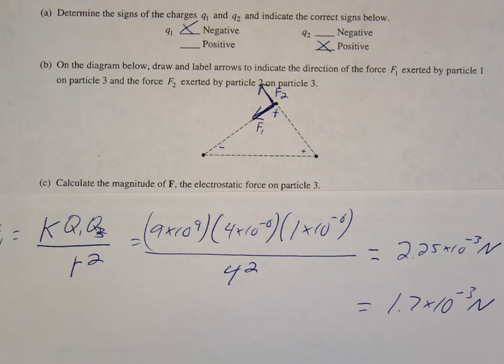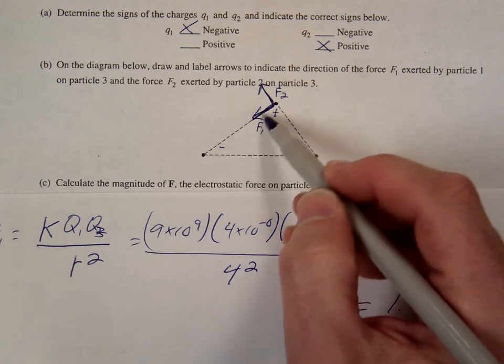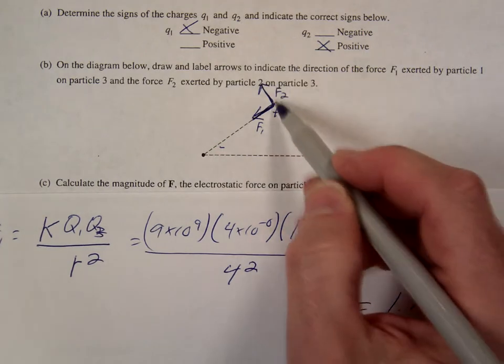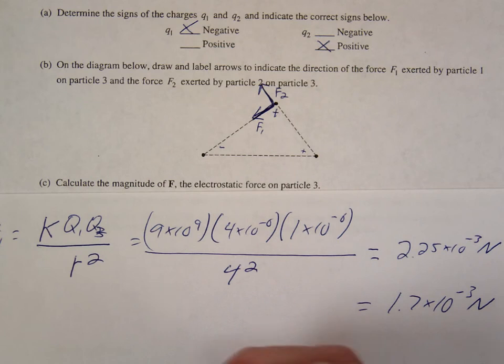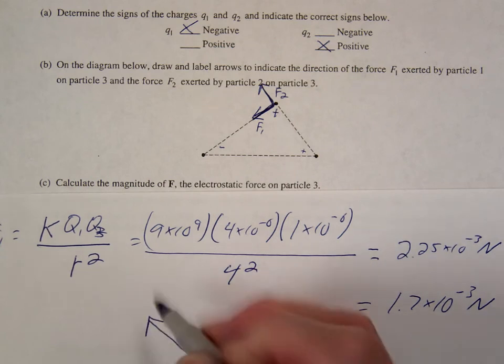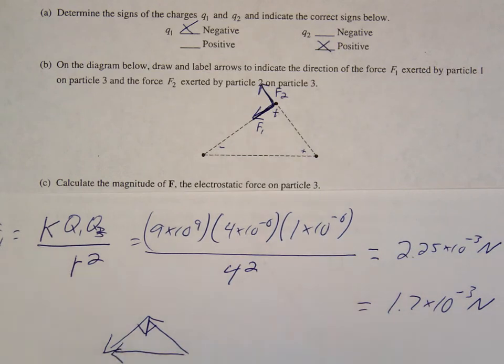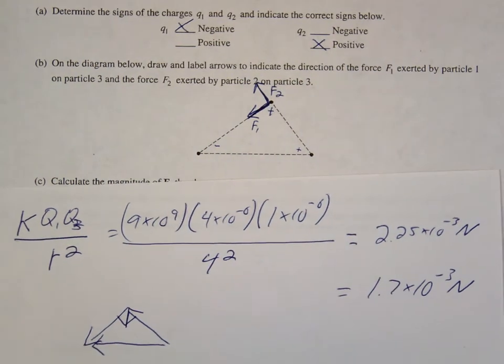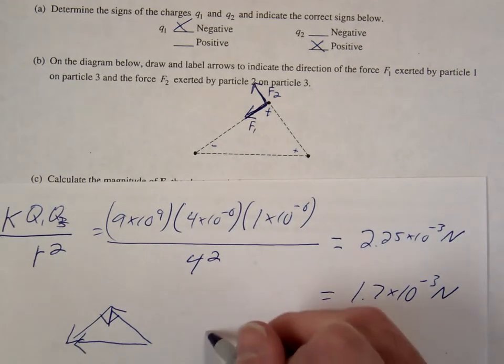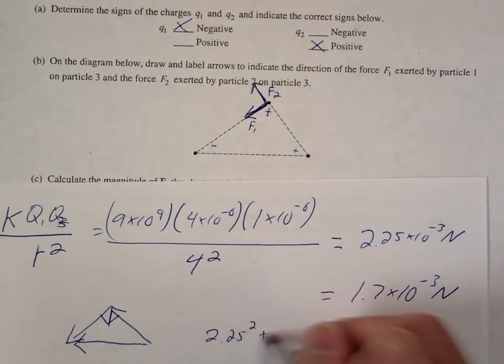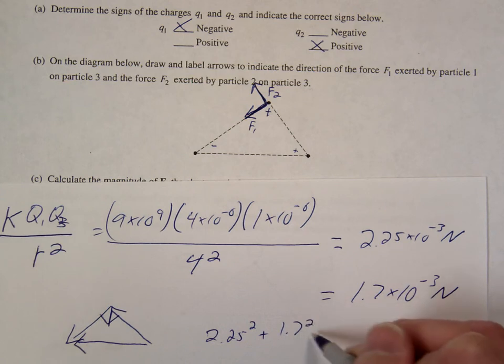We do have to find the net. Now when you look at the picture, notice these are at right angles to each other. And so the net force is simply going to be the Pythagorean theorem. If you were to draw it like this and like this, this is a right angle. So you're just looking for the hypotenuse, which would be this way. Okay, so a squared plus b squared equals c squared. So 2.25 squared plus 1.7 squared equals c squared.